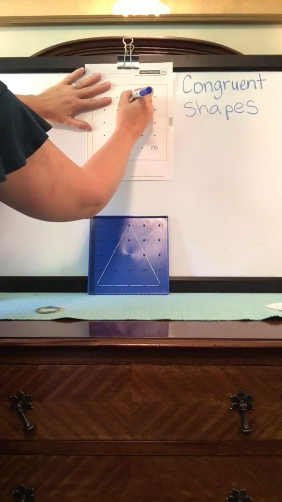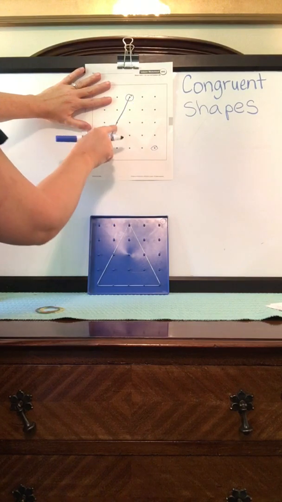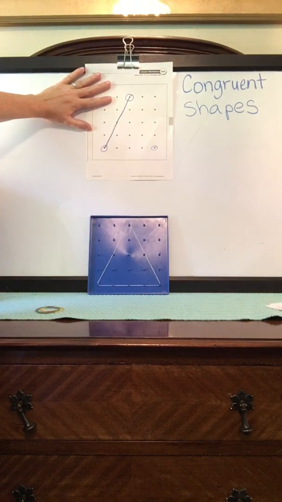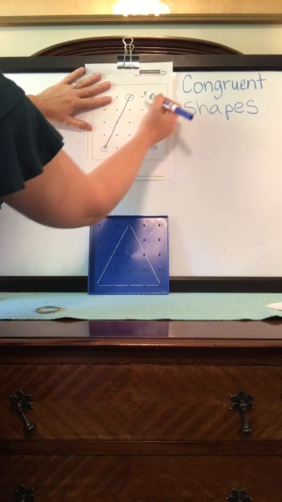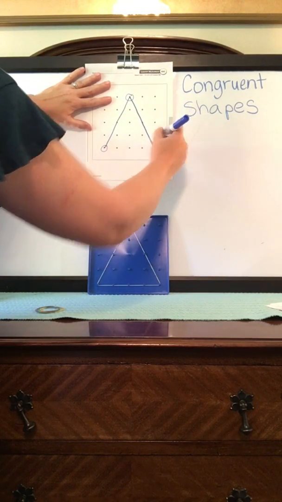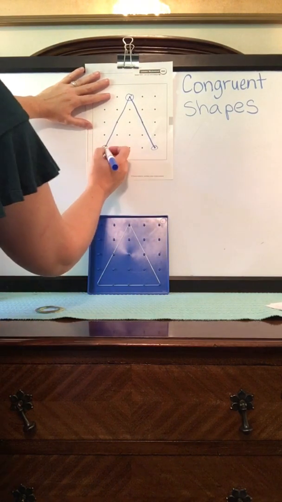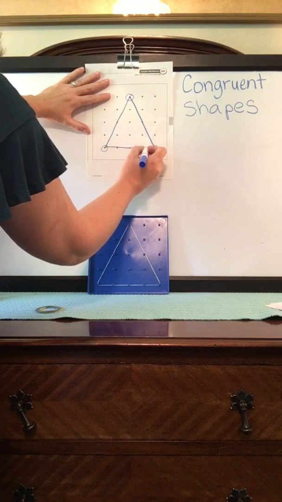See if you can make them nice and straight, going through that little dot, which is kind of a guide, and then go back to the top and go through the dot again, down to the bottom. Excellent. Now go all the way across the bottom, through the dots.